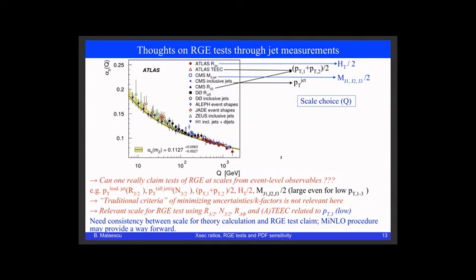Well, okay. So there are two points which are criticized here. One is the central scale choice in general, but everybody knows that scale variations are just a poor man's proxy for knowing what the higher order impacts are. So I'm not sure why, for example, you're quoting here the CMS 3-jet mass.